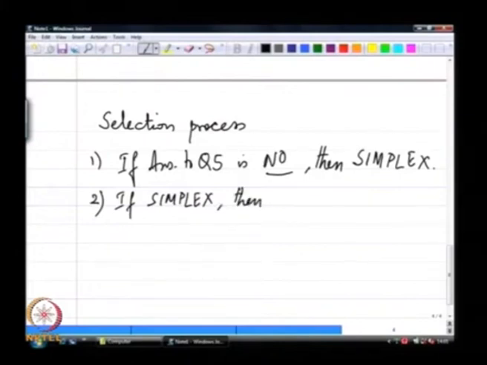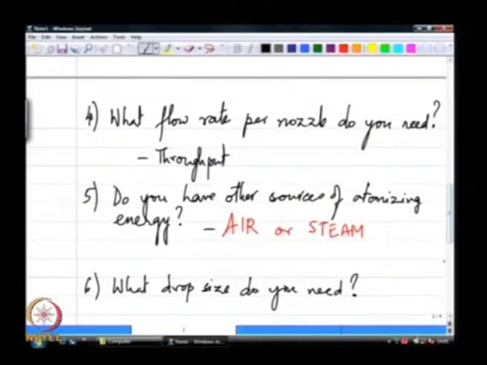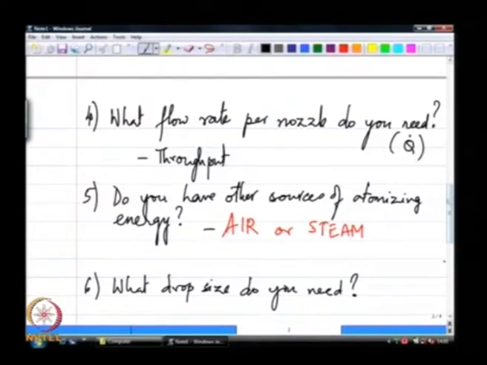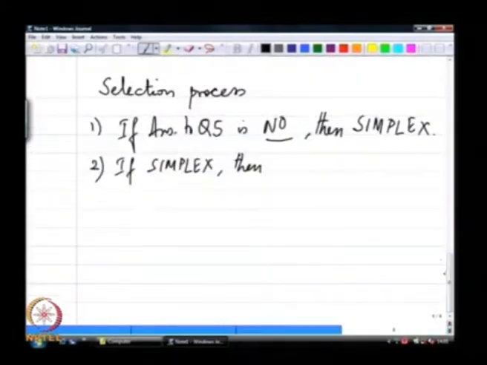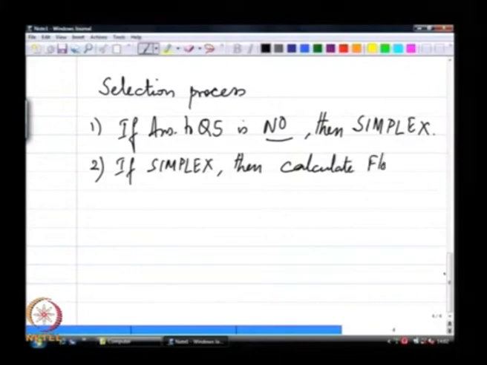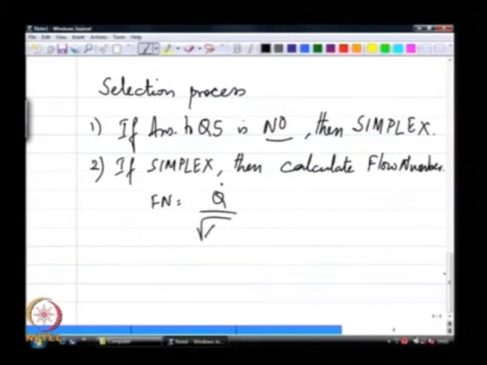Take the flow rate that you have, and we will call this some q dot. You can calculate a number called the flow number. This flow number, in very crude terms, is defined as q dot over square root of delta p.